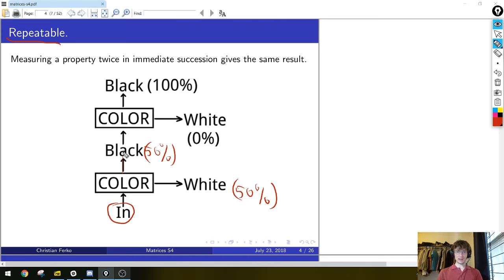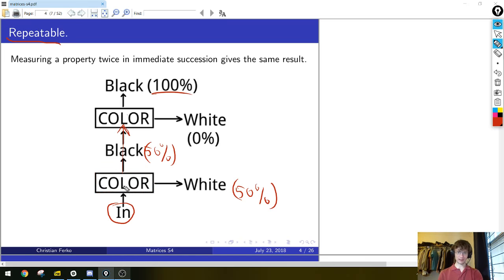So you send the input stream of filtered black electrons into the color box. And I claim that if you do this experiment and measure how many come out of the second color box, they will all be black. 100% are black and 0% are white, which makes perfectly good sense, right? Because we first filtered out all of the electrons that are black in the first color box.